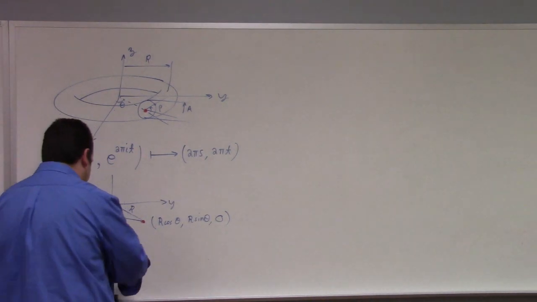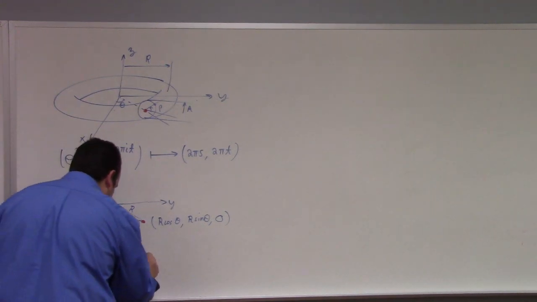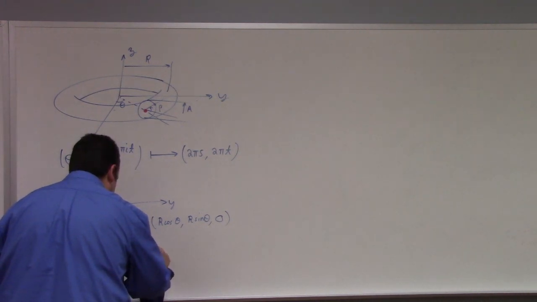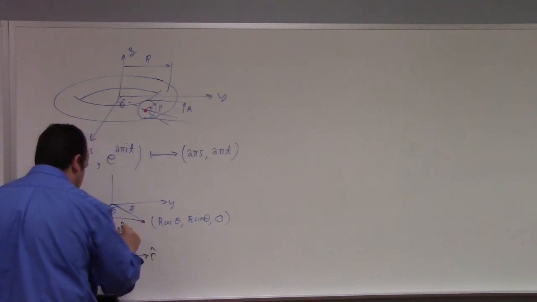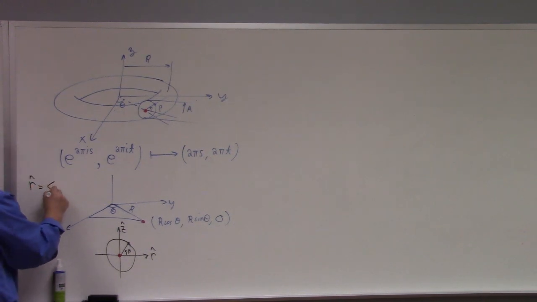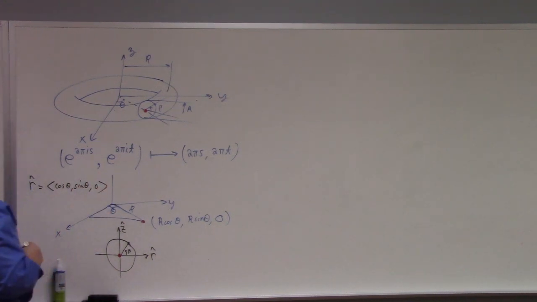And, well, this is, goodness, for lack of a better notation, r-hat direction. This is the z-hat direction. R-hat being, you know, cosine theta, sine theta, 0. So how do I get that point right here?